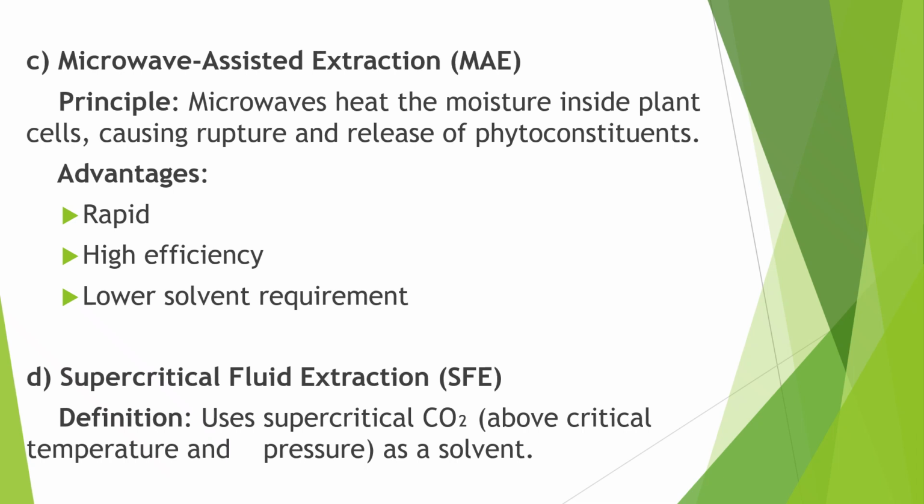Then moving towards the supercritical fluid extraction process, in short known as SFE, that is supercritical fluid extraction method. In such a process, it uses supercritical carbon dioxide above critical temperature and pressure, of course, as a solvent.